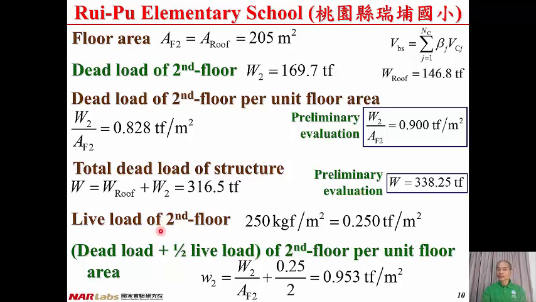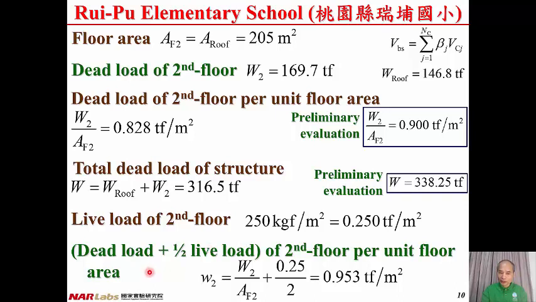And the live load of the second floor equal to 250 kgf per meter square. That is 0.25 ton force per meter square. And under earthquake, there may be only 50% of the live load. Therefore, we use dead load plus 1/2 live load of the second floor to calculate the design actual force of the column.